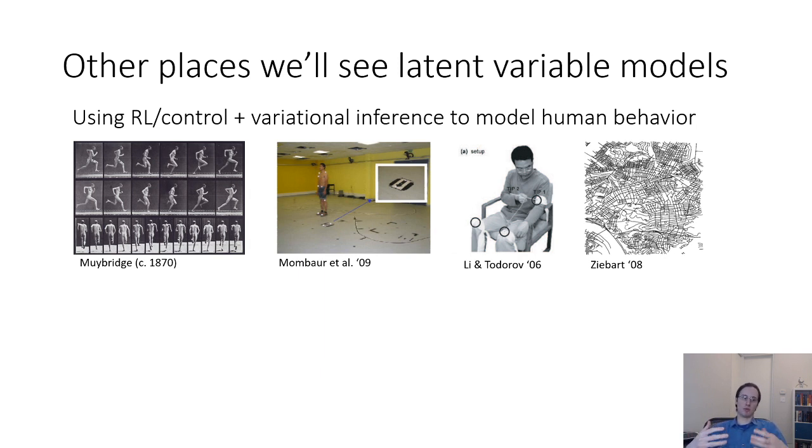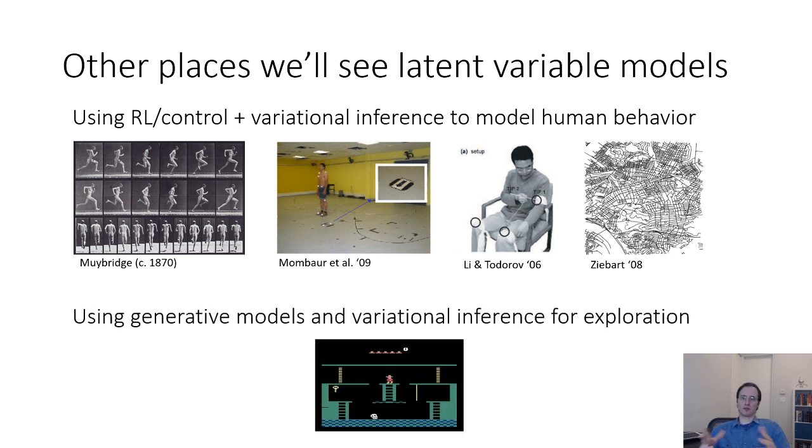And this is common both in imitation learning domains and also in the study of human behavior in neuroscience and motor control. We also see latent variable models and generative models in exploration. So when we talked about exploration, we actually briefly alluded to this. We discussed how we can use variational inference techniques for things like information gain calculations, and how we use generative models and density models to assign pseudo-counts and count-based bonuses.